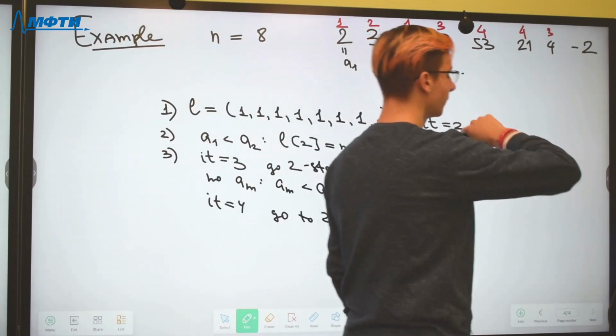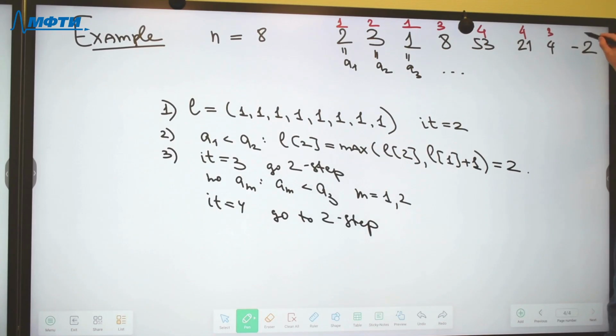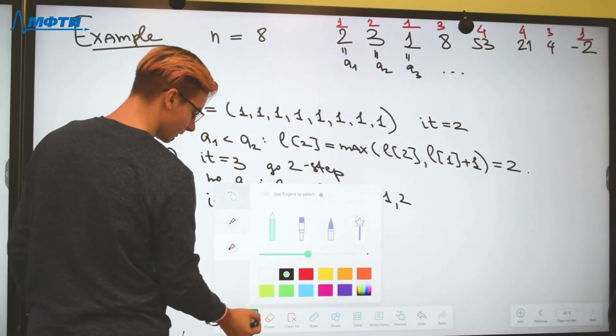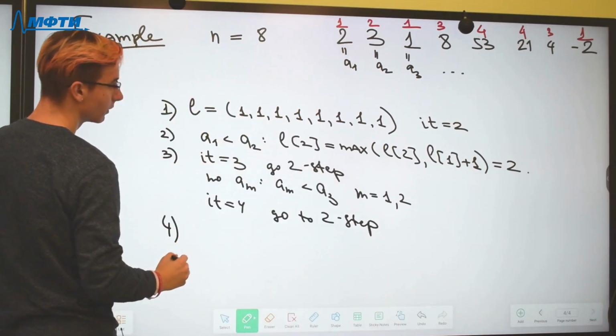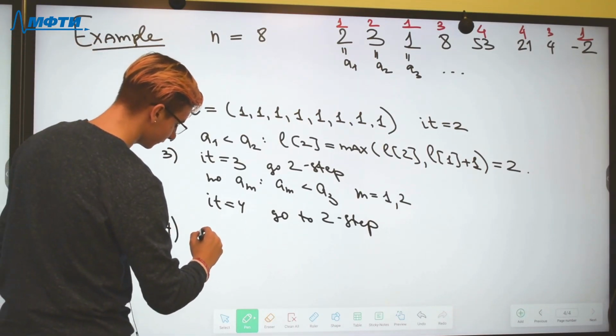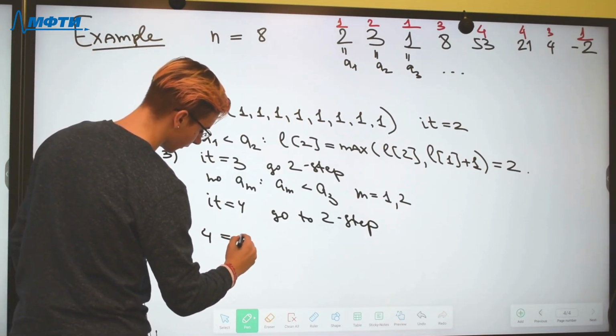For this number, it's equal to 1. After that, the maximum is equal to 4. So the answer is 4.